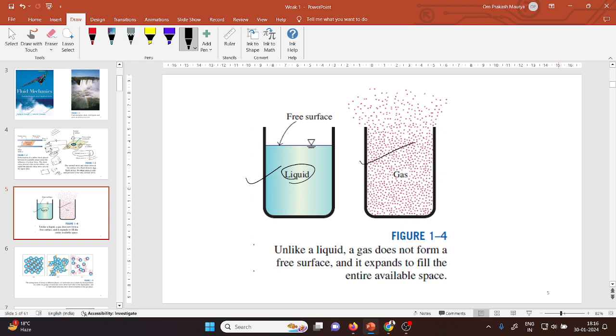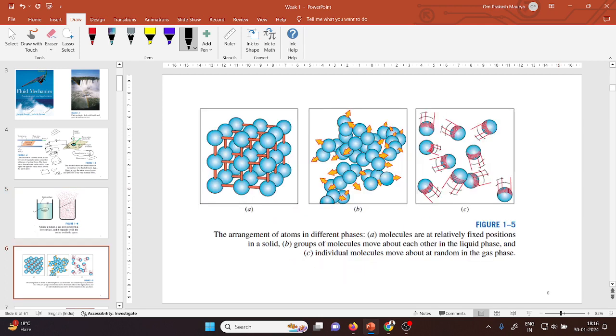But now I have some pictorial representation for that. In figures A, B, C, it is clearly visible. If you visualize figure A and figure B, the force in A is much greater than in B, and if you compare B and C, the force in B is much greater than in C, because the particles are farther from each other in C comparatively.